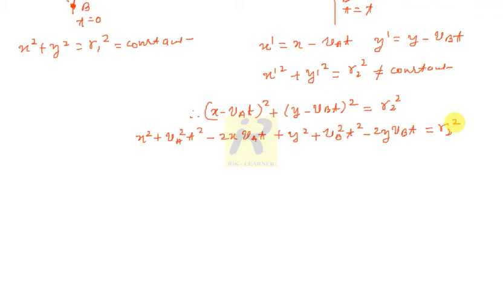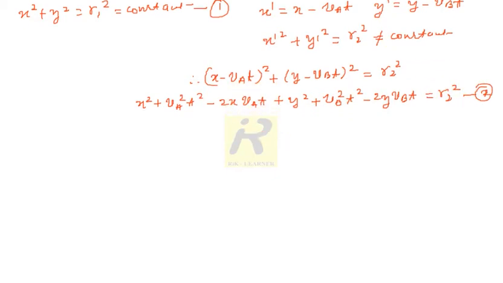I call this equation 1, and this one equation 2. So let me subtract these two equations, subtract equation 2 and 1 like this. So what do we get? On the RHS, x square plus y square get cancelled.